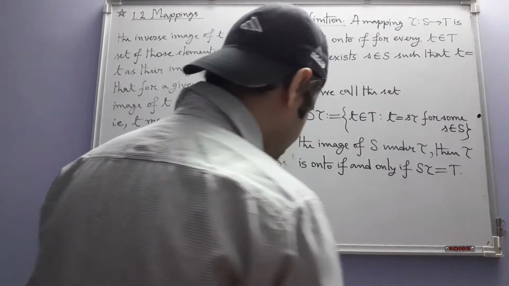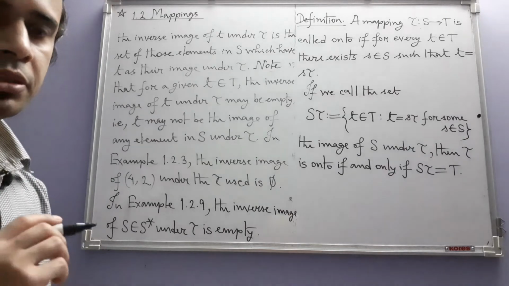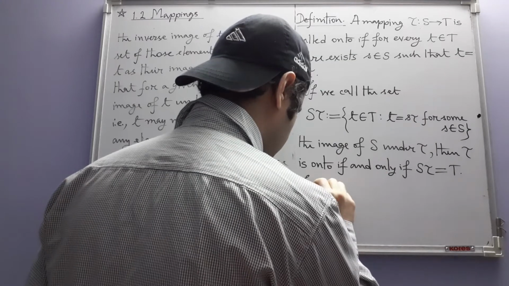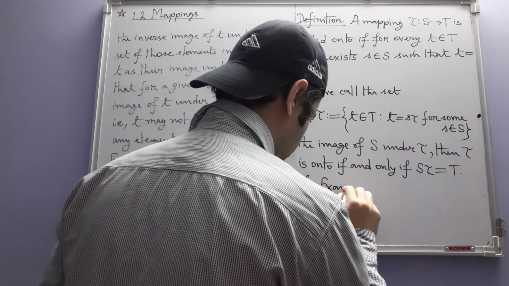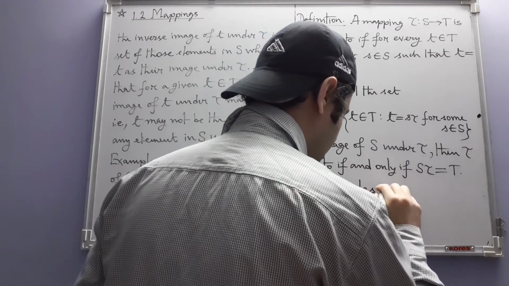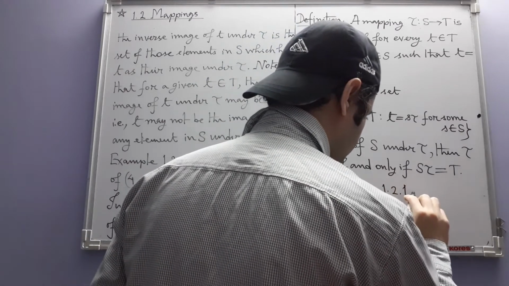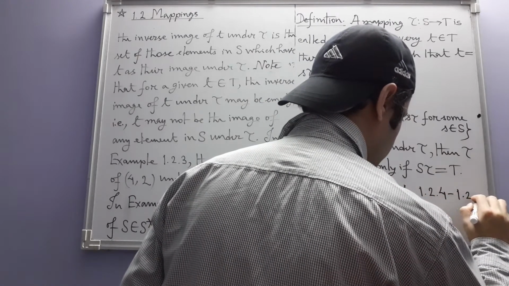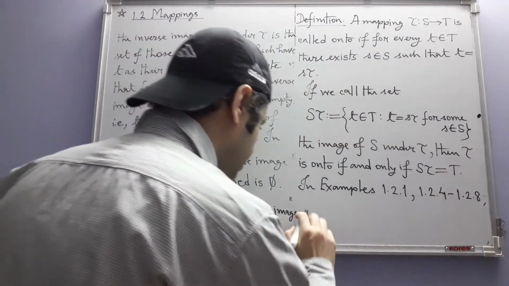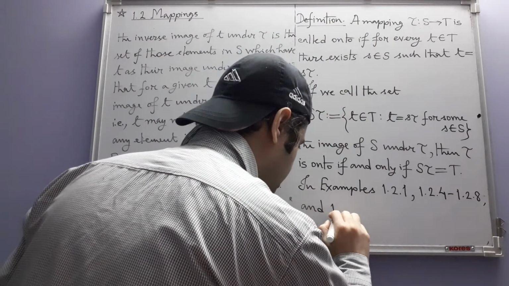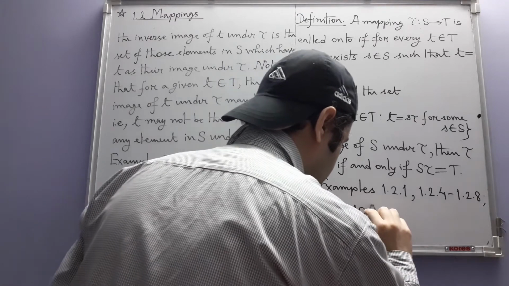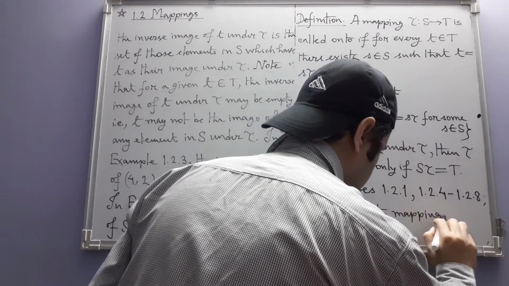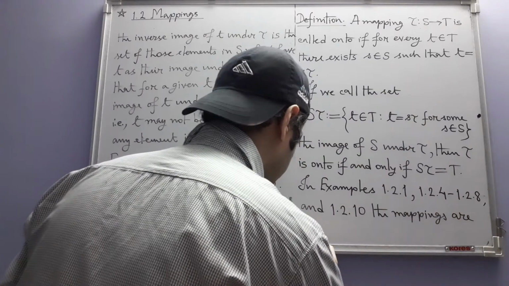Okay, so now we mention the examples in which we had onto functions. In examples 1, then 4 through 8, and example 10, the mappings are all onto.